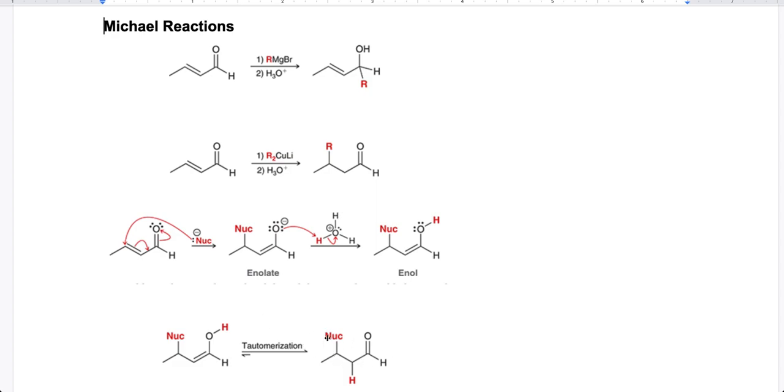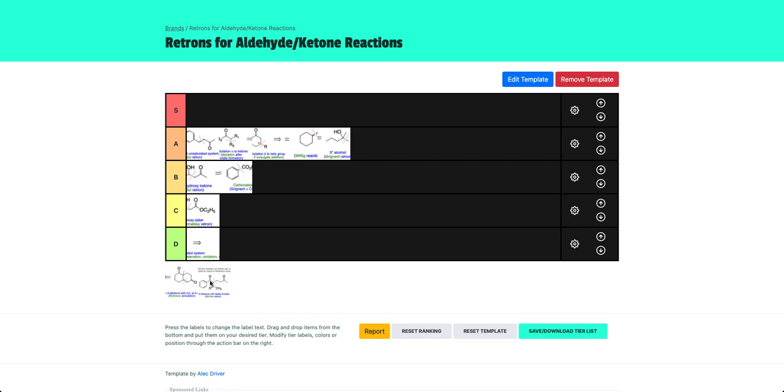So you can create a molecule like this, and you still have this alpha hydrogen that can be used, which is incredibly useful. But a lot of times it is just the buildup for another reaction, which is a lot more useful. So I'm going to put that actually at C tier, which feels a little low.